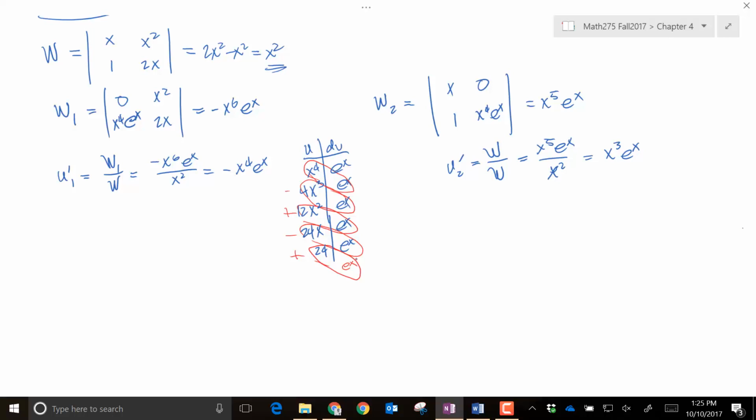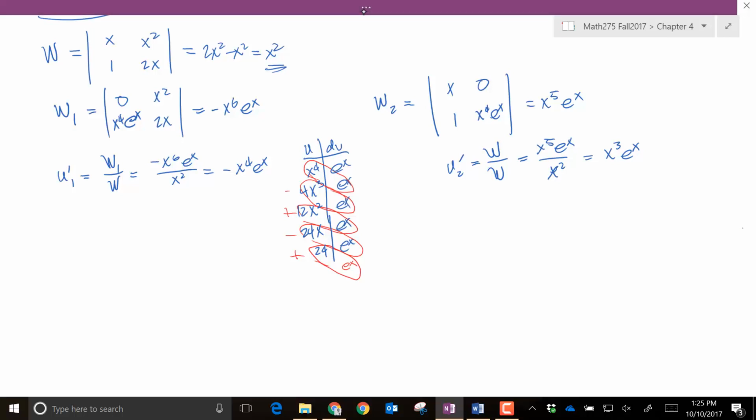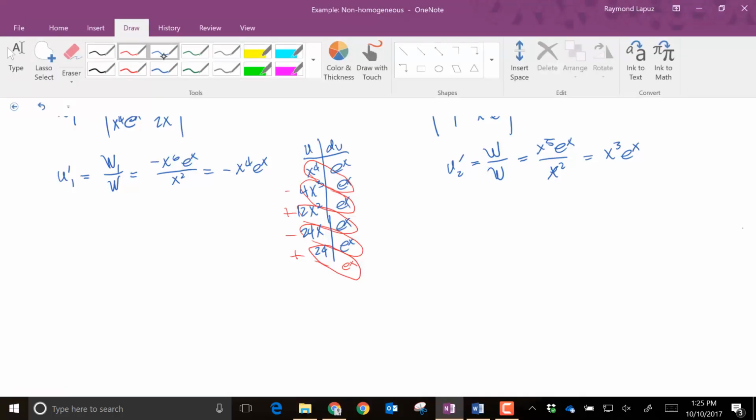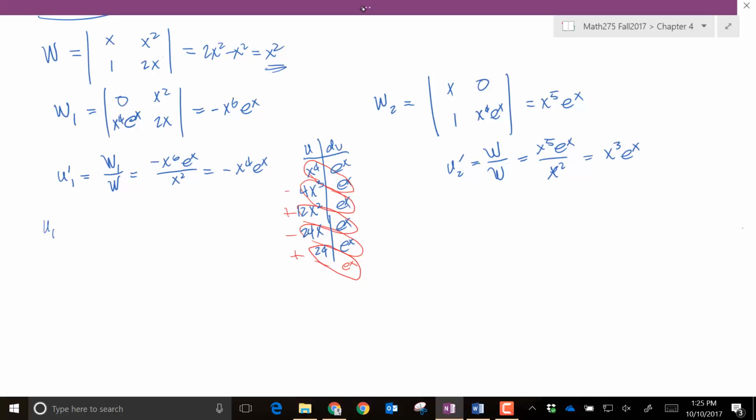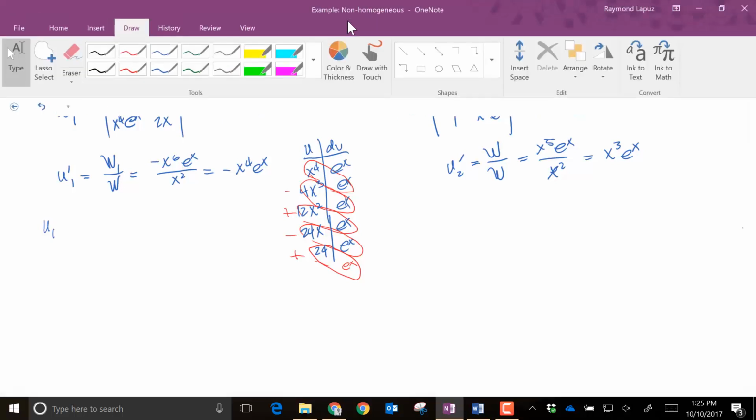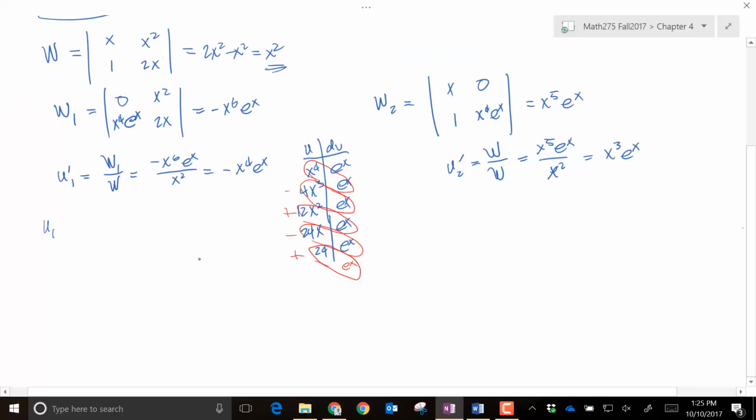So with a negative in front, our u sub 1, this is, darker one.